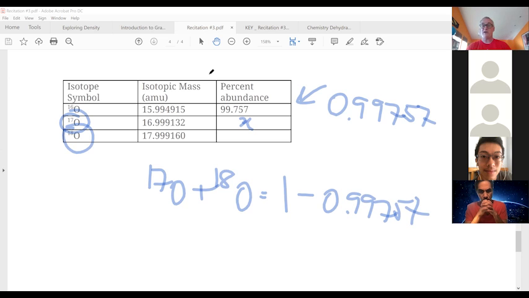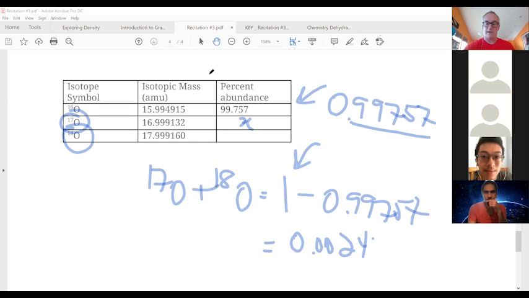Because the abundance of all 3 of them is going to be 1. The fraction that's 16 is this, and so whatever's left over is the abundance of both of them. The abundance of both of them together is 0.00243.